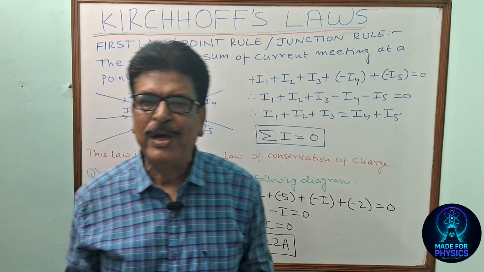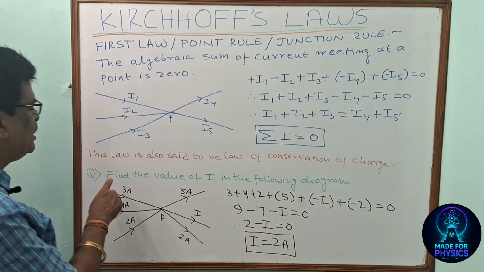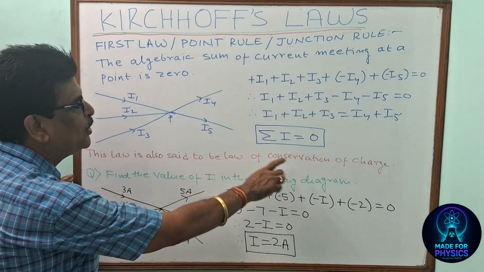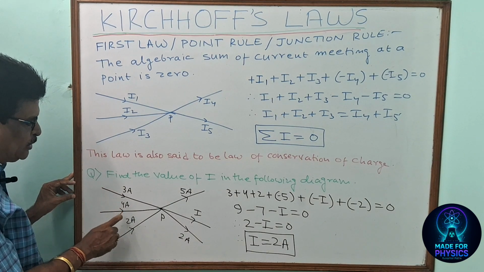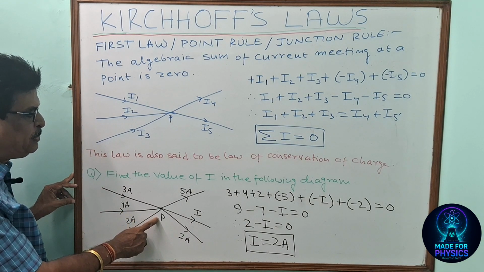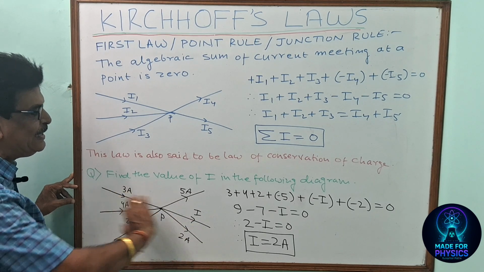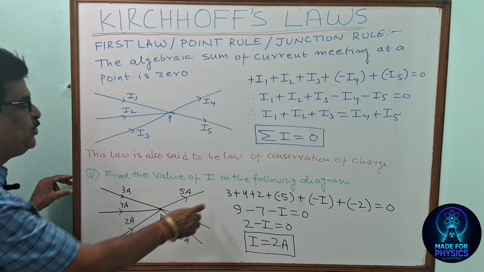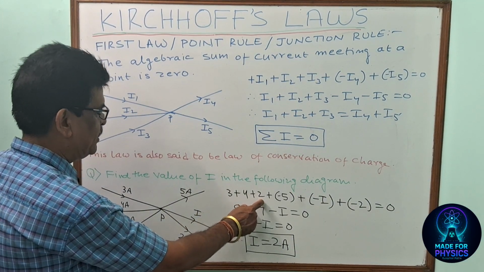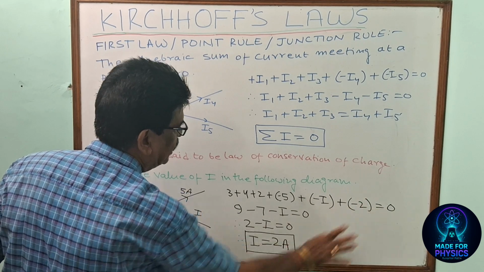Now I'll discuss one question that normally comes from this first law. The question is, find the value of I in the following diagram. Here you see 3 ampere, 4 ampere, 2 ampere are approaching the point P, and 5 ampere, I and 2 ampere are receding away from the point. So we will write 3 plus 4 plus 2 minus 5 minus I minus 2 is equal to 0.